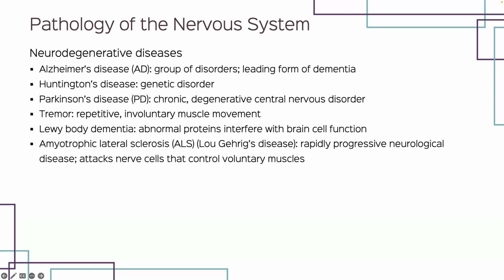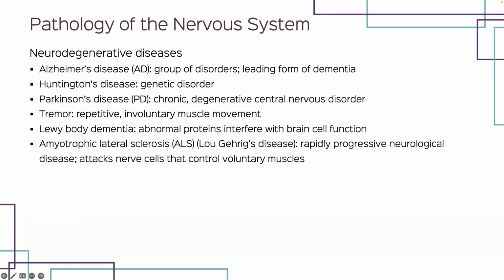Some of our neurodegenerative diseases are probably pretty familiar to you. Alzheimer's disease is basically a group of disorders. It's not just one, but it does lead to a form of dementia. Huntington's disease is a genetic disorder. Parkinson's disease is a chronic degenerative central nervous system disorder.